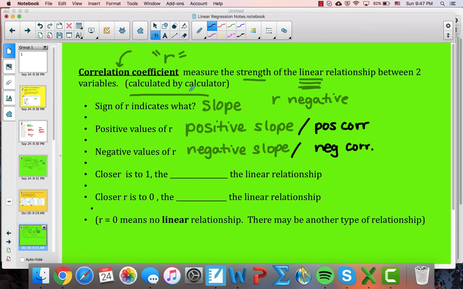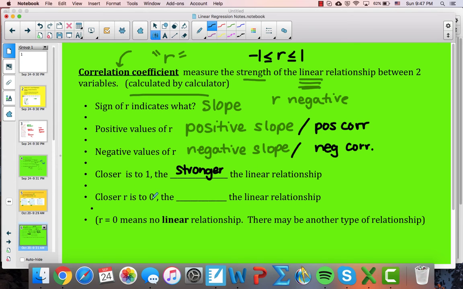Okay. The correlation coefficient actually is going to go between 1 and -1. Okay, so -1 and 1. It can't be bigger than 1 and it can't be less than -1. The closer that R is to 1, the stronger the linear relationship, okay?